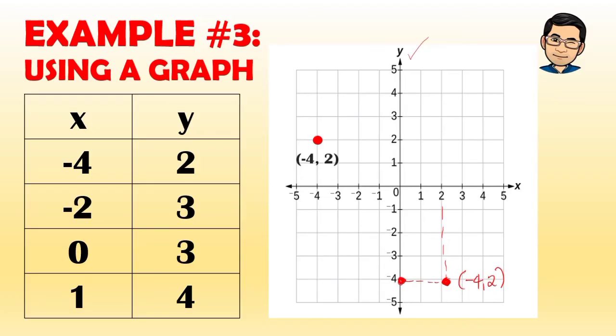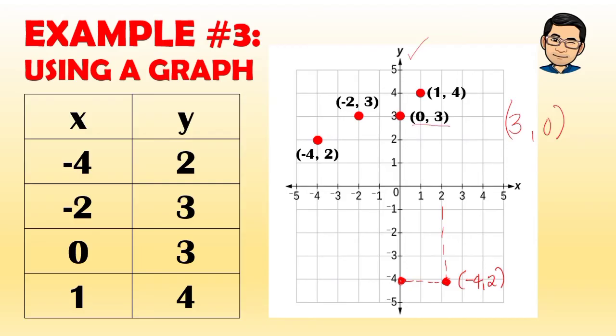Next, negative 2 and 3. 0, 3. And then, 1, 4. Okay. What if ang given natin ganito siya? 3 and then 0. Paano natin yun ipa-plot? Hindi po siya kamukha ng 0, 3. 3, 0.